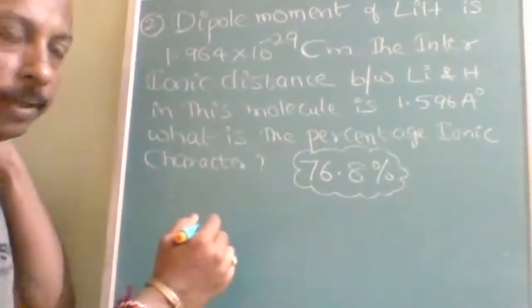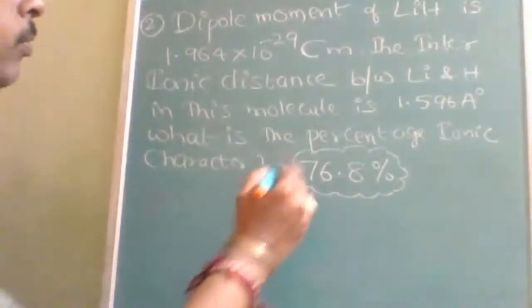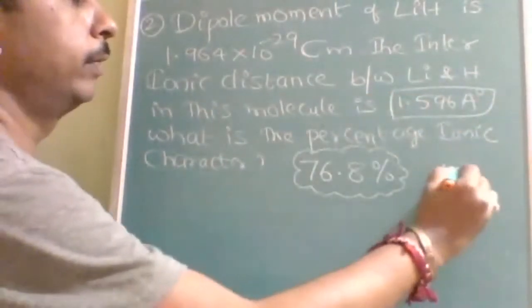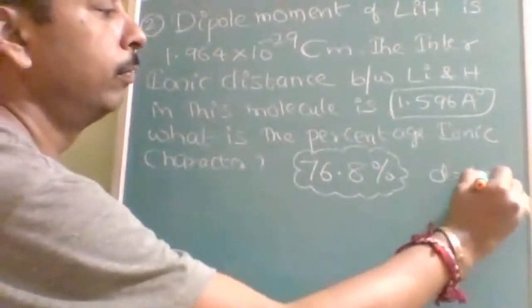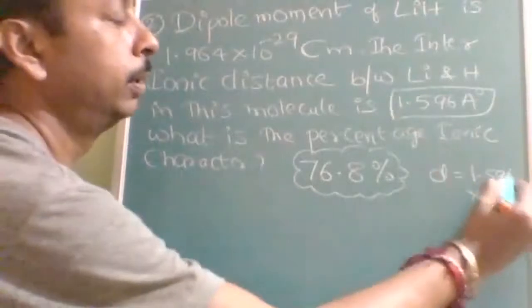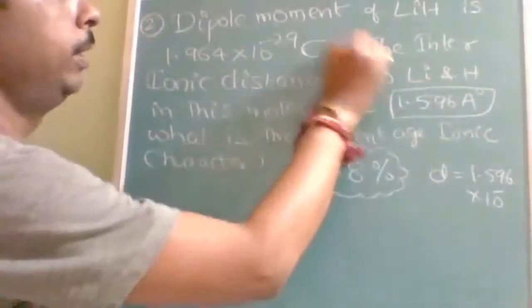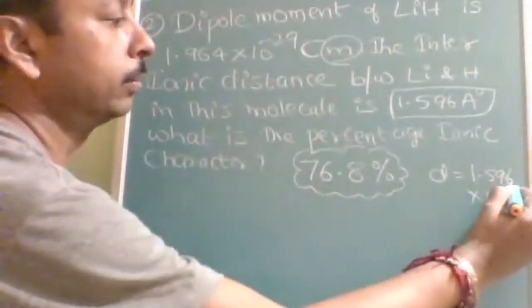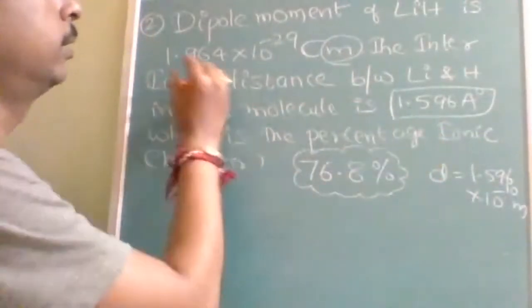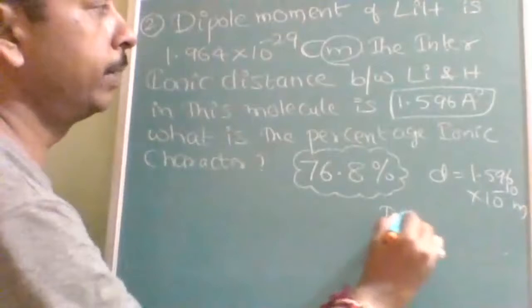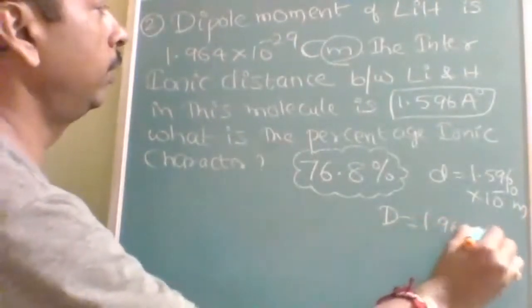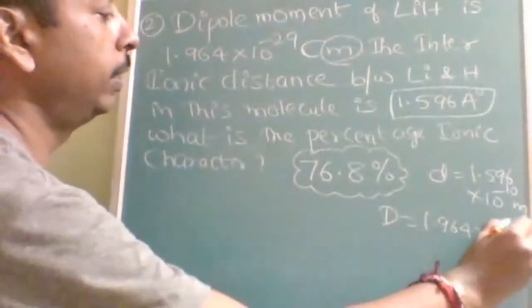Just like the previous method, dipole moment D is given. Small d, the distance, is 1.596 into 10 to the power of minus 10 meter. You can convert into meter. And the dipole moment, capital D, is given as 1.964 into 10 to the power of minus 29.